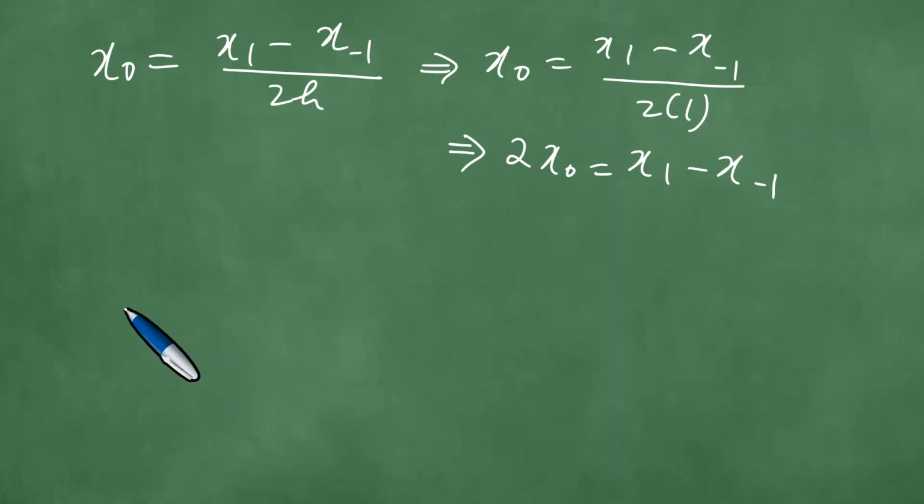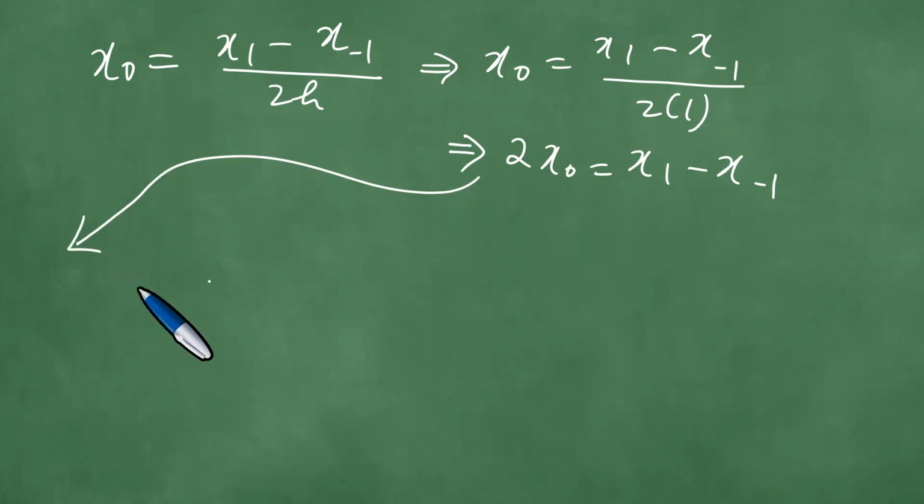We're exploring the boundary conditions. We need to use them to simplify the equations. And so the power of this particular boundary condition is that it is basically able to give us the x subscript minus 1, which is the same as x1 minus 2x naught.